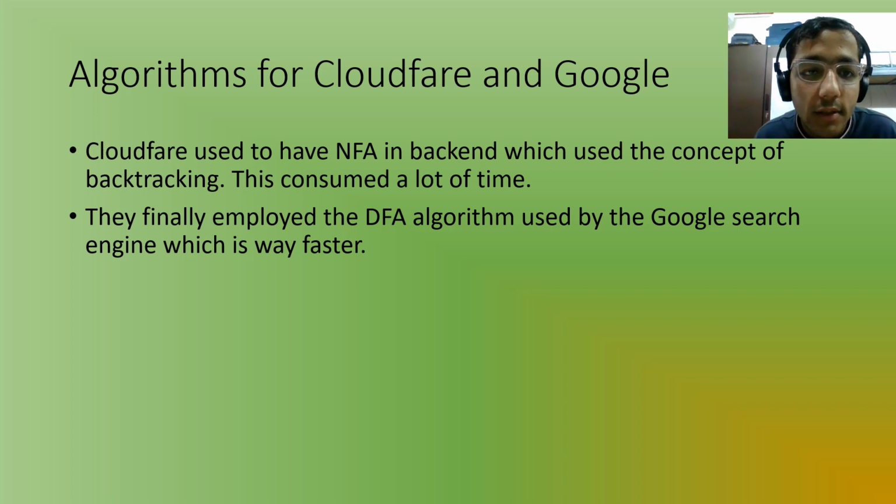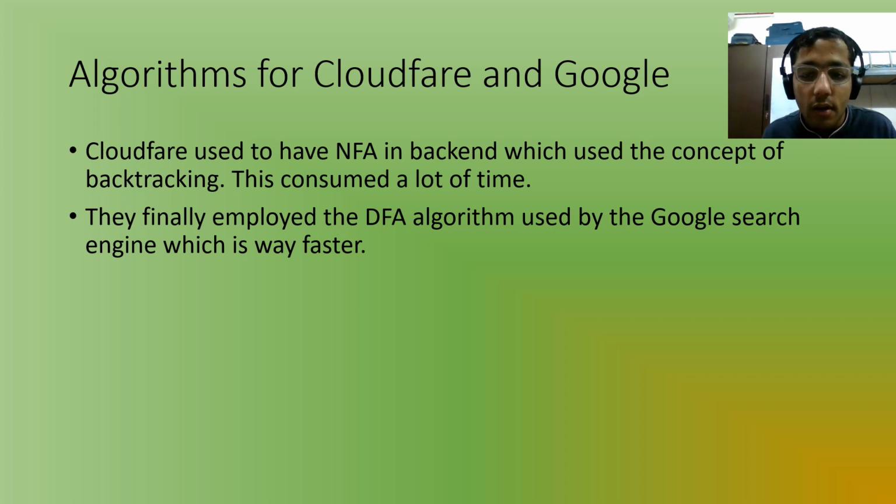So here I've discussed the algorithms that Cloudflare and Google used to have. Cloudflare used to have an NFA in the backend. Now NFA uses backtracking, as I discussed in the previous slide. This used to consume a lot of time. Finally they moved to the DFA approach, which is used by Google.